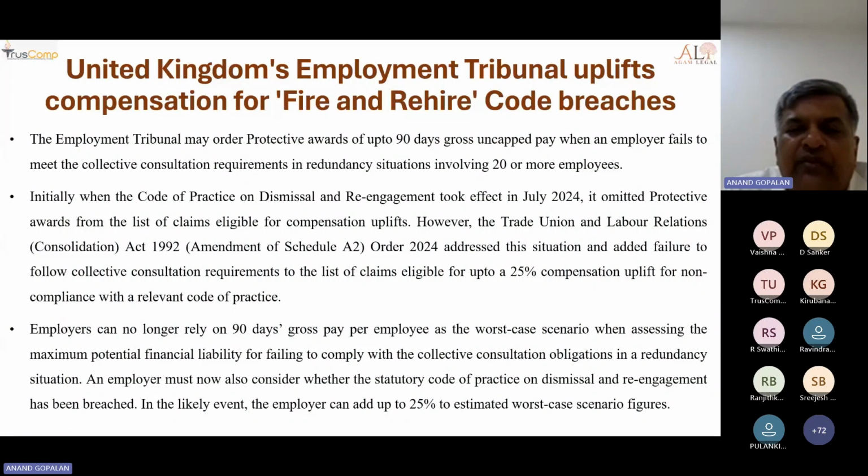It ranges from 30 to 90 days. If this consultative process is not carried out, then the compensation that the tribunal can grant is enhanced by around 25%. They could enhance it further if they don't have the consultative process with the unions.